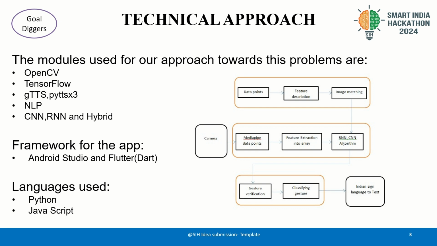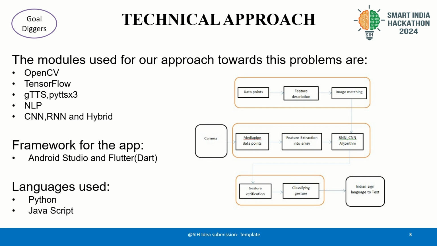Then the features of the hand are extracted, and with the help of CNN and RNN algorithms we get the data from the array, verify the gesture with our training data, and classify them according to the labels we gave them in our code. Throughout this process, the sign language is converted into text.